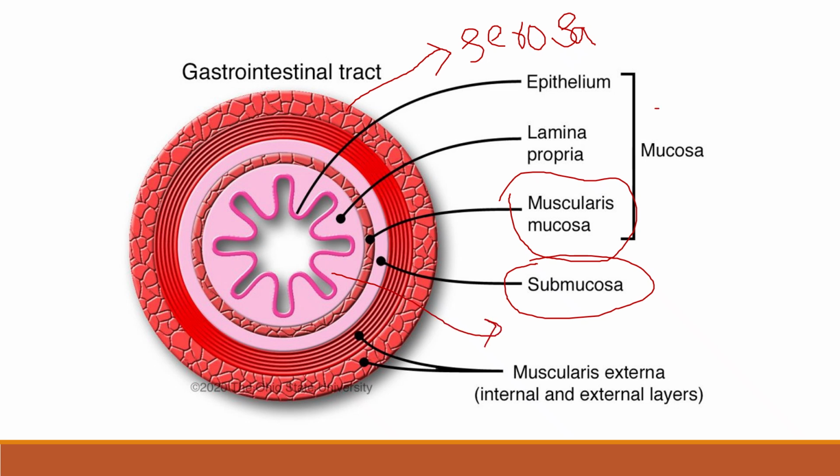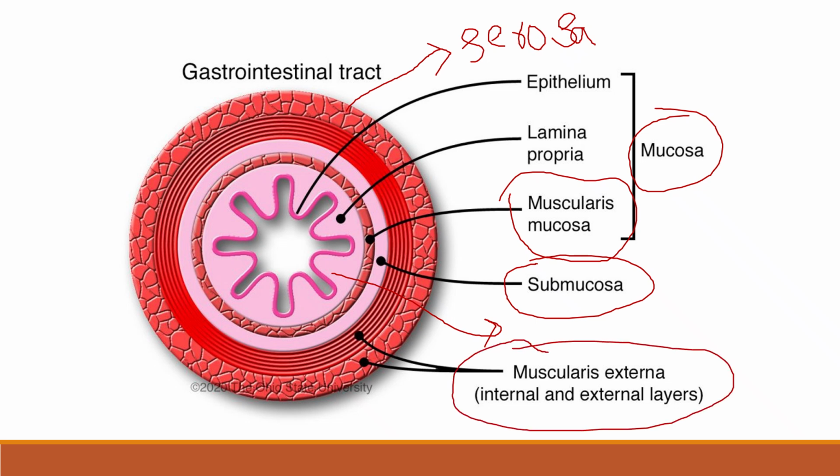The mucosa is the innermost layer, the second layer is the submucosa, and the third one is the muscularis, and the muscularis again has 2 layers, longitudinal and circular, and the outermost layer is the serosa.